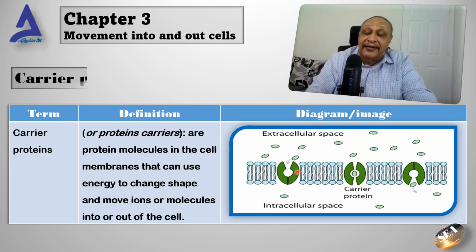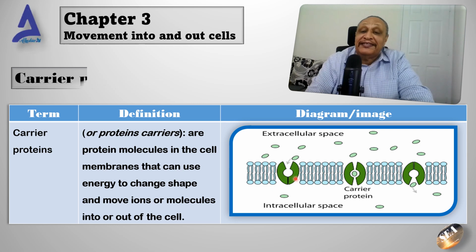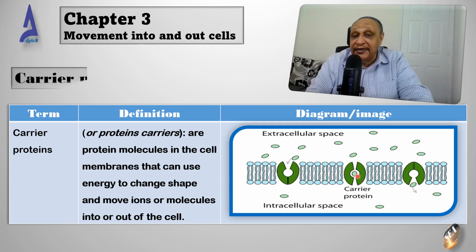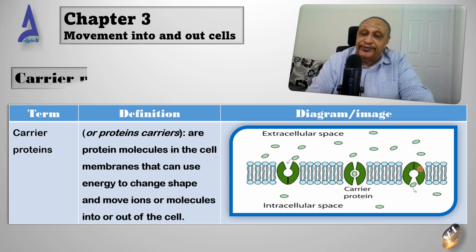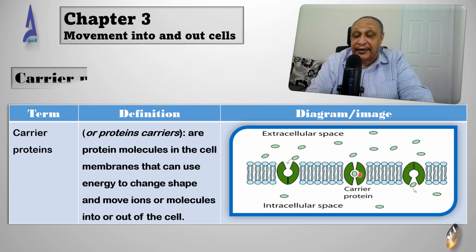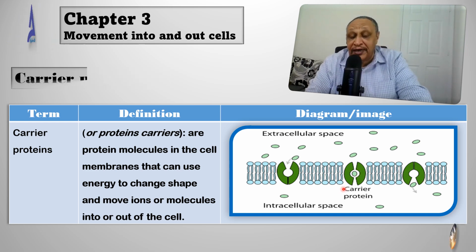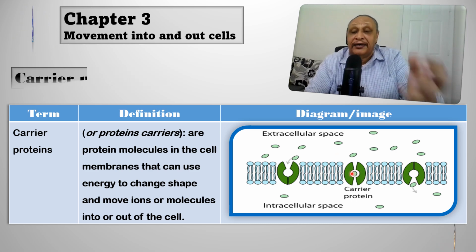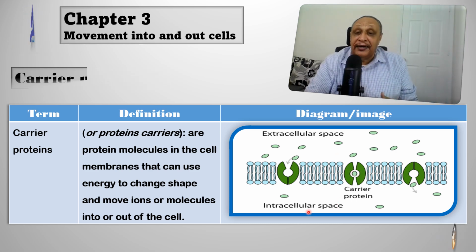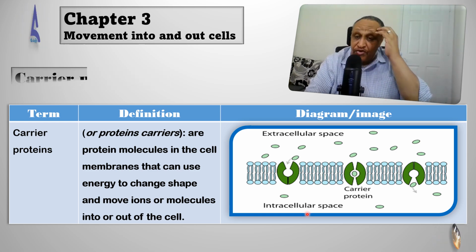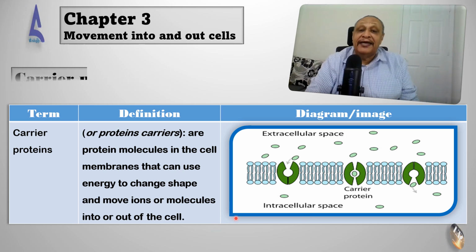But here, our purpose is to explain how the carrier protein changes itself and makes some sort of shape change in order to take the molecule inside, and then move it towards the high concentration.